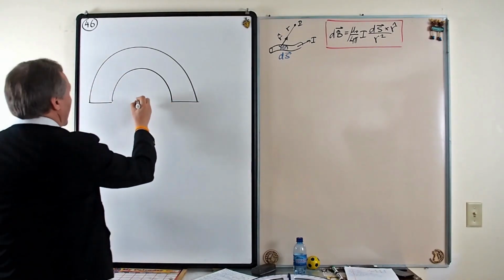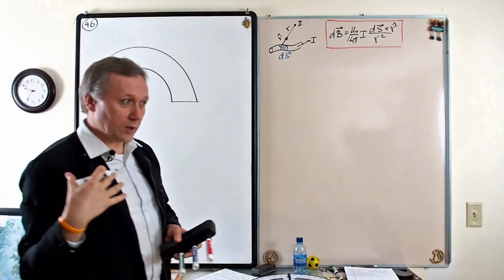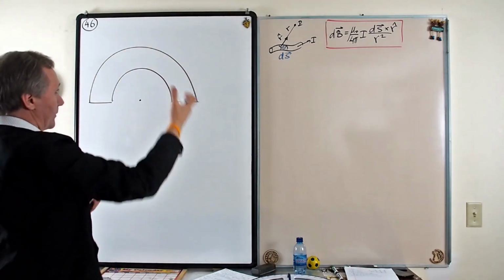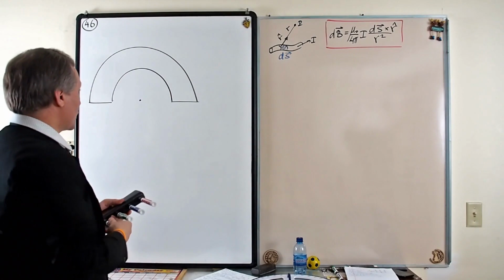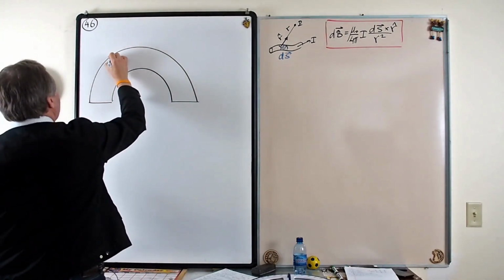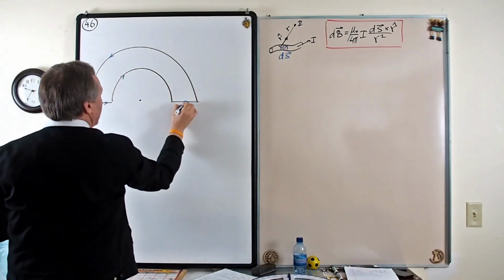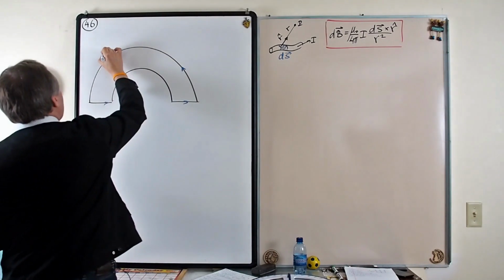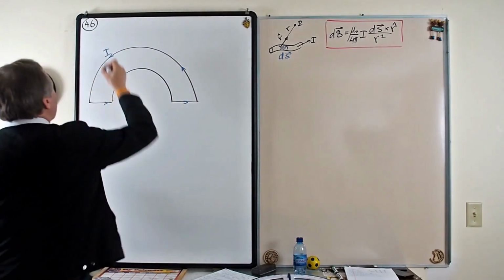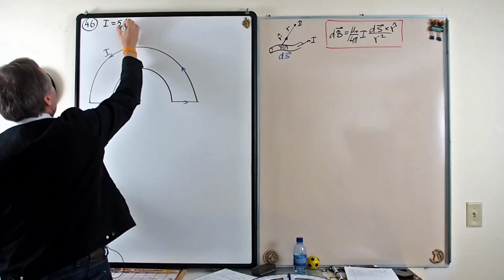Okay, so some information is given. Probably first I should give information about the current flowing through this loop. You see, we have a wire of this reasonably complicated shape, and we have current flowing. So current flows this way, counterclockwise: this way, that way, and this way. And the value of the current is 5 amps, so I equals 5 amps.